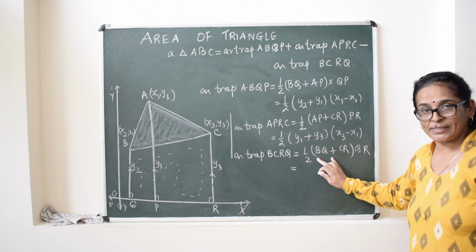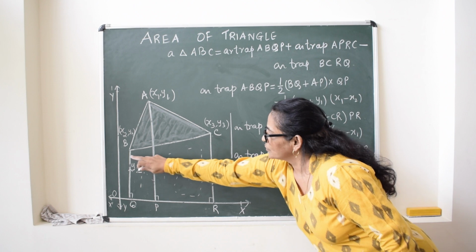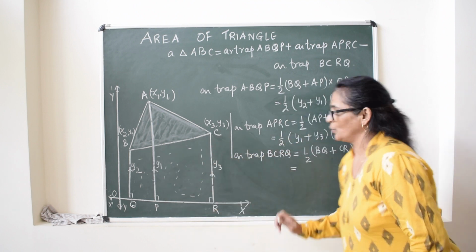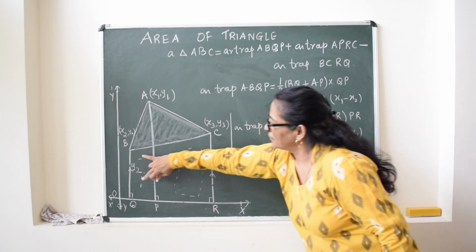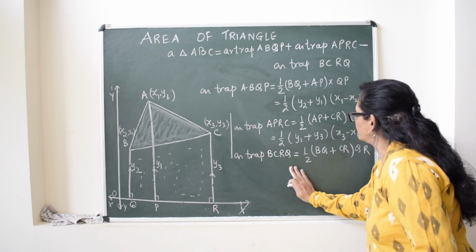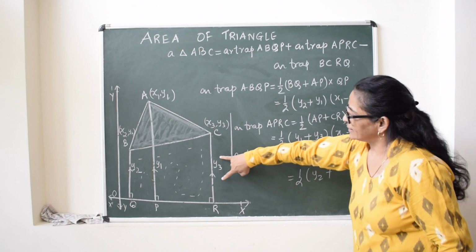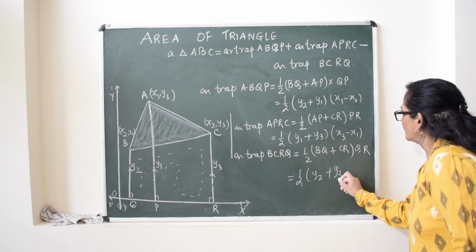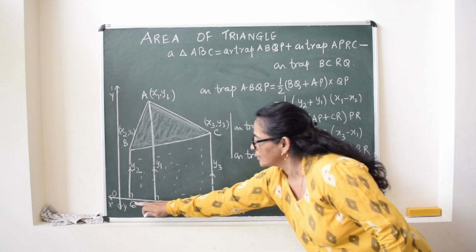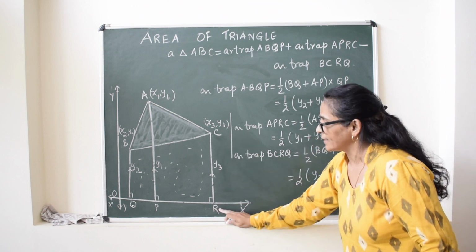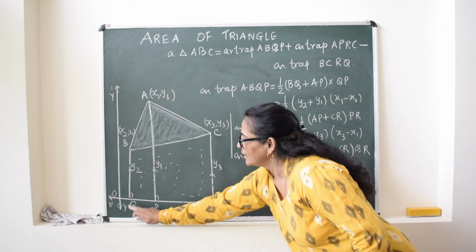Now the last trapezium, this one, that is BCRQ. So half of BQ, BQ is y2, plus CR is y3, and QR. This QR is, till here it is x3, till here it is x2.